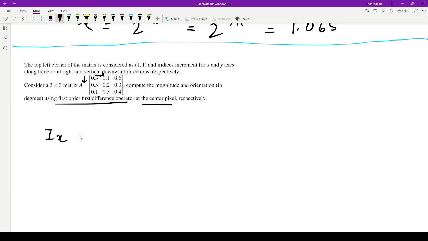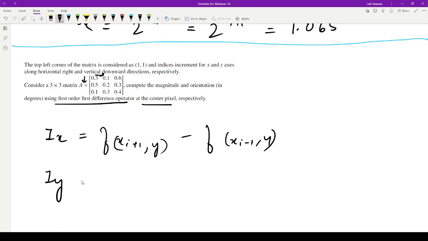What is the first order difference operator? It is whatever we have been doing till now. Ix is f at i plus 1 comma y minus f at i minus 1 comma y, divided by 2. Here, Ix is 0.3 minus 0.5 divided by 2.